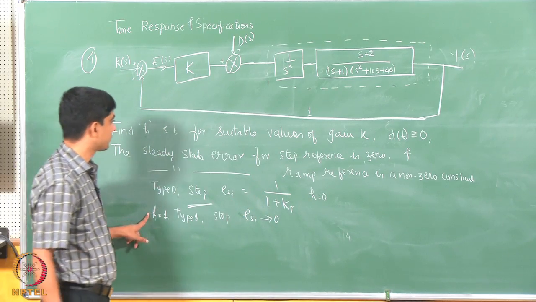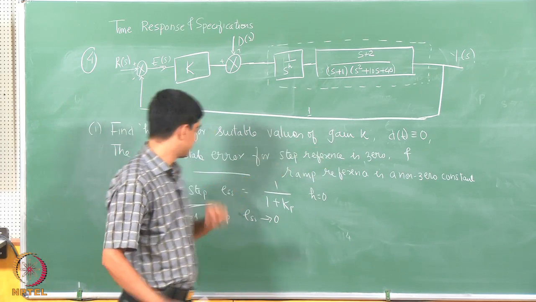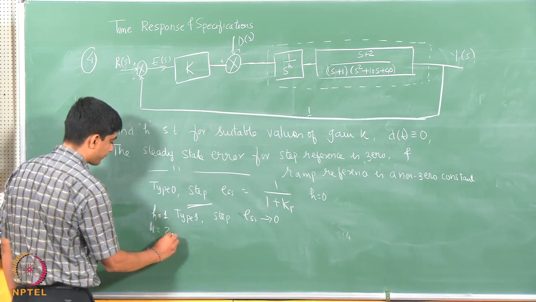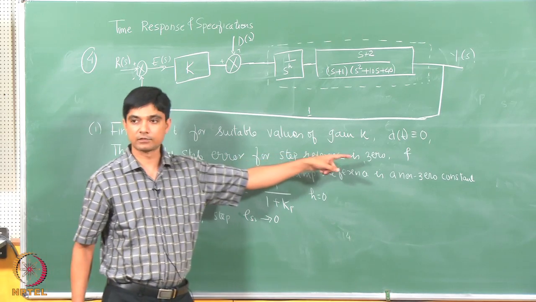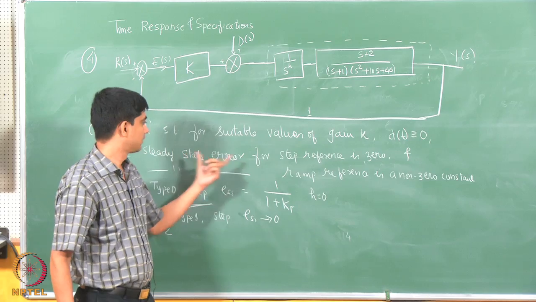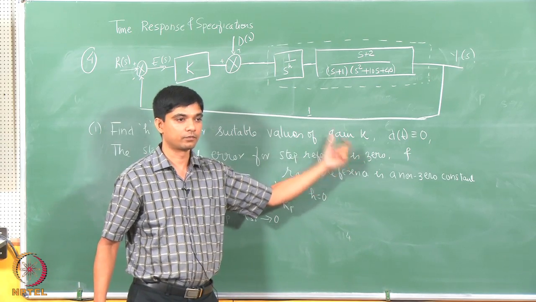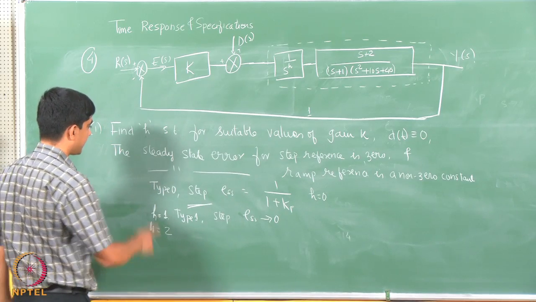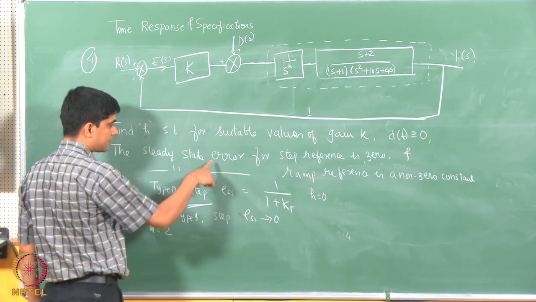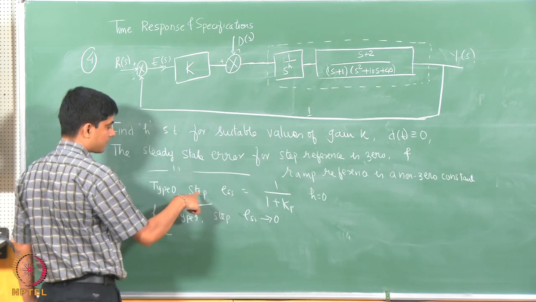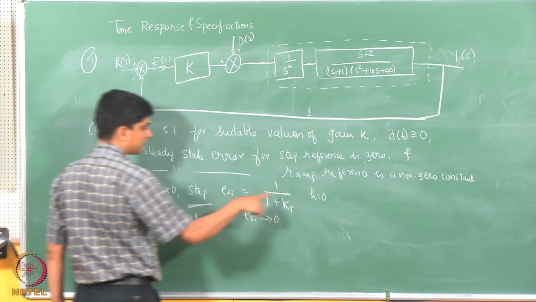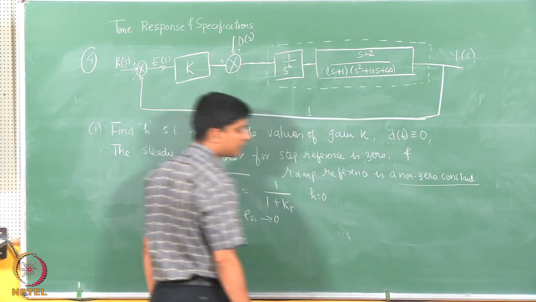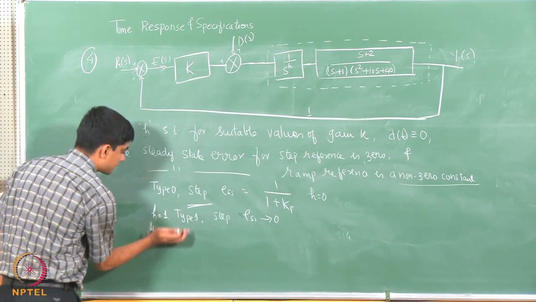Now, is that the answer? Well, if just this was the statement, I could say that h could be 1 or even more, h could also be 2. h could be 2 and this statement would still be satisfied, that the steady state error would be 0 for type 1, type 2, type 3 and so on. Okay. However, the second statement says that in addition to the steady state error for a step input being 0, it should also have a non-zero constant error for a ramp input or for a velocity input.